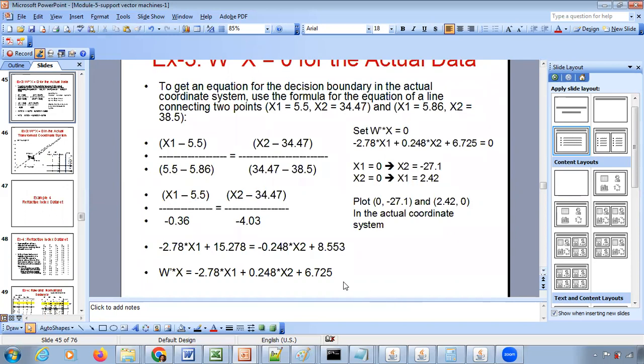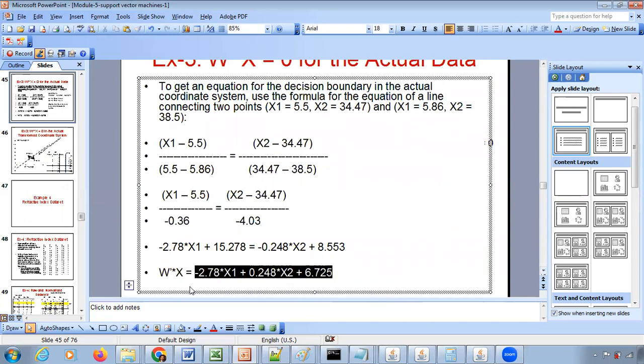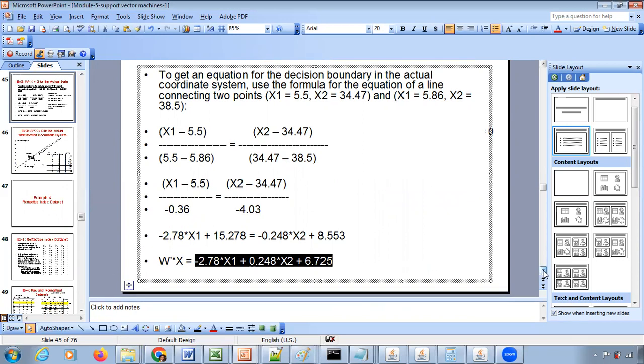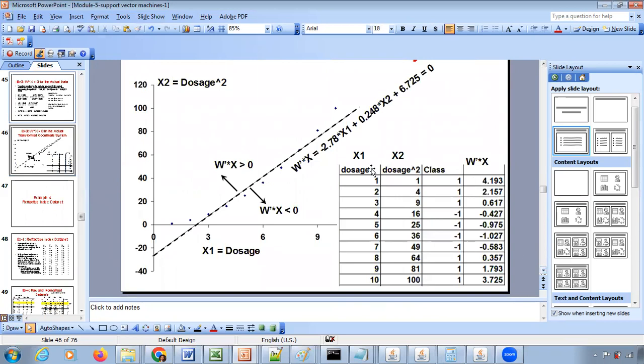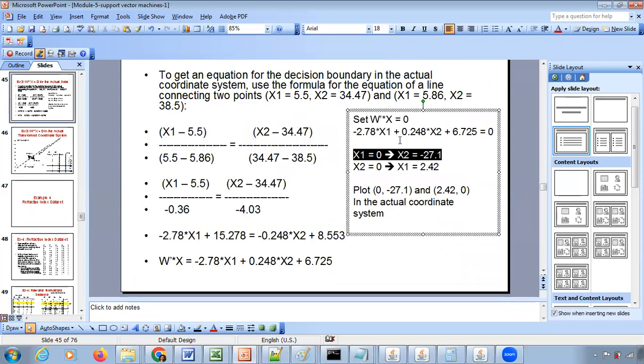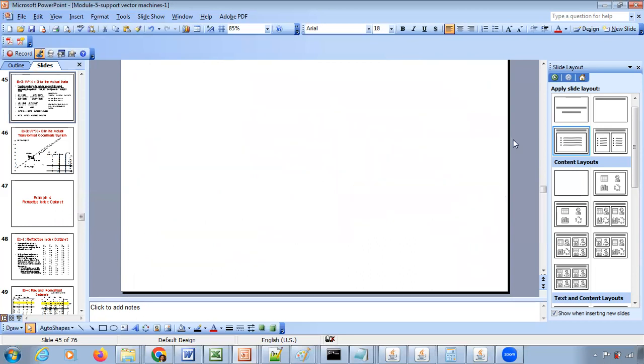So in this case, I'm getting the w prime times x as this. So that's your x1, x2 again. What we could do is plug the raw data x1, x2, which is dosage and dosage square, into that w prime times x. We see for w prime times x greater than 0, because this is the equation w prime times x, anything greater than 0 is class 1 and anything less than 0 is class -1.